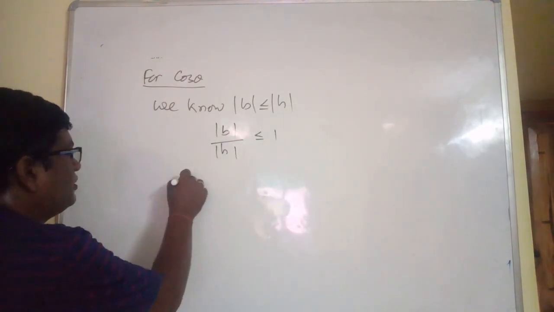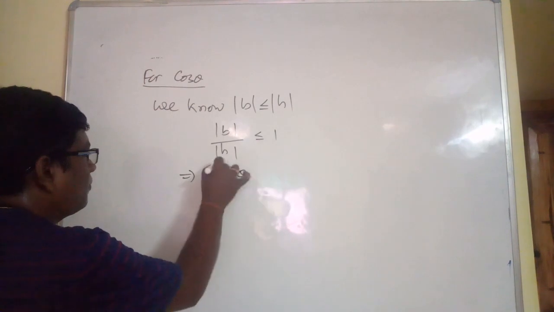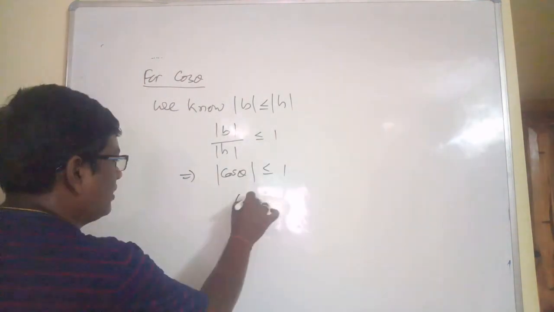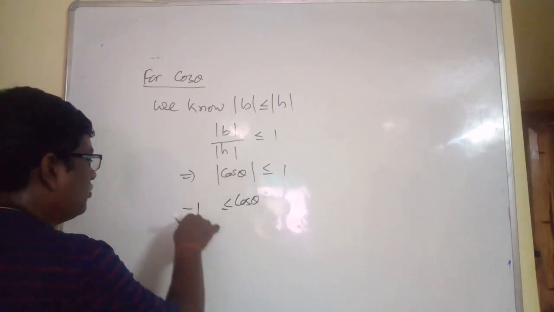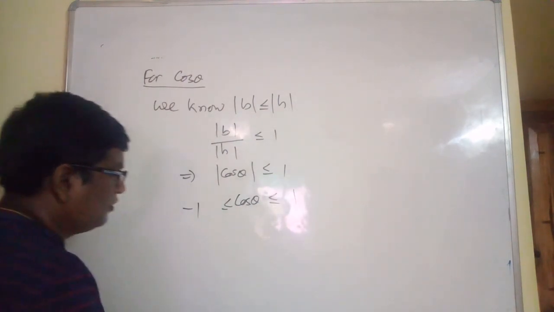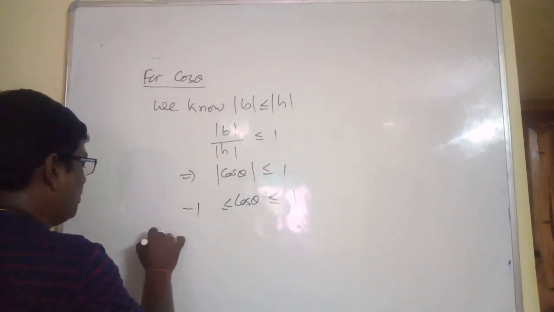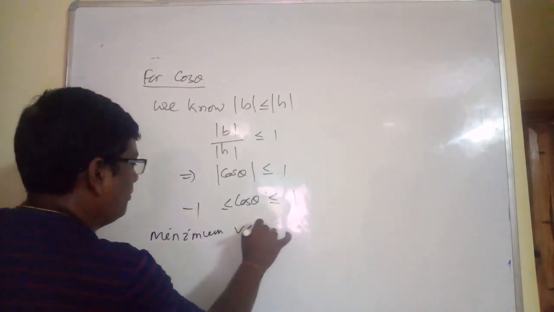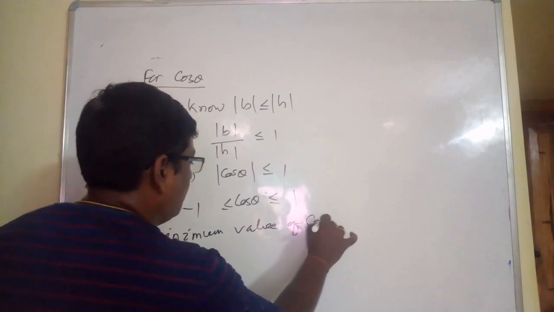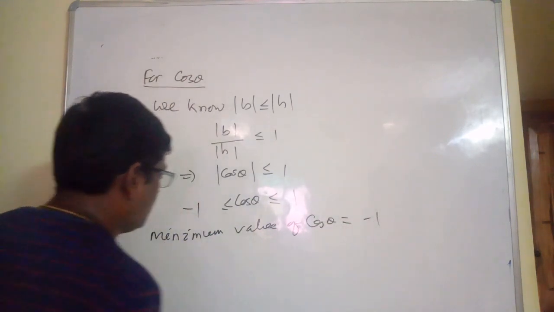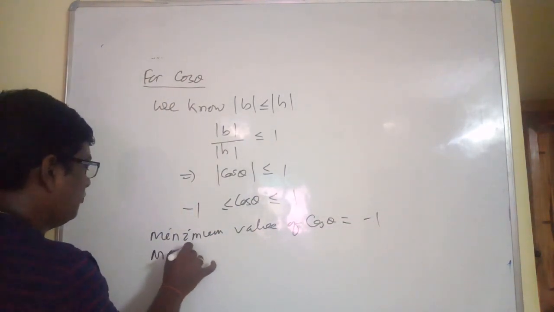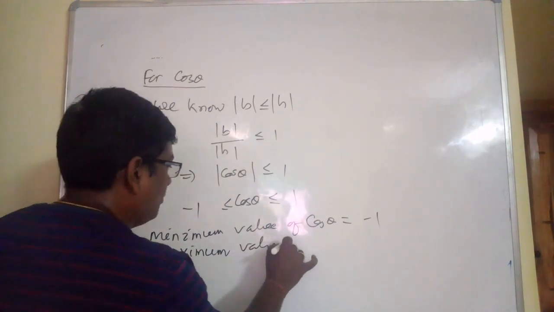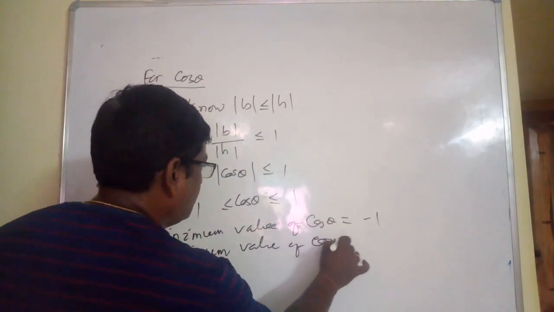B by H means cos theta. Mod of cos theta is less than or equal to 1. Similarly, we can write minus 1 less than or equal to cos theta less than or equal to 1. That is, the minimum value of cos theta is equal to minus 1, and the maximum value of cos theta is equal to 1.